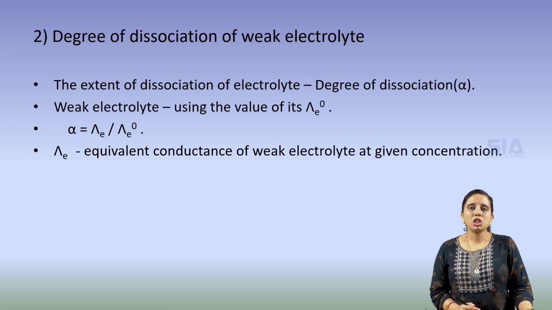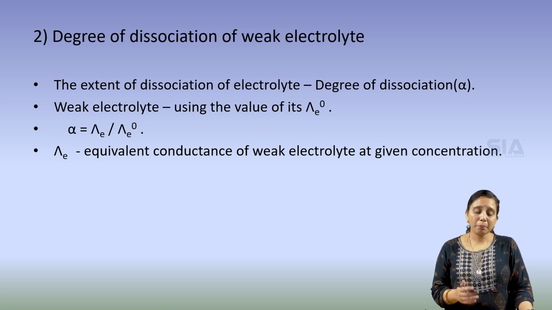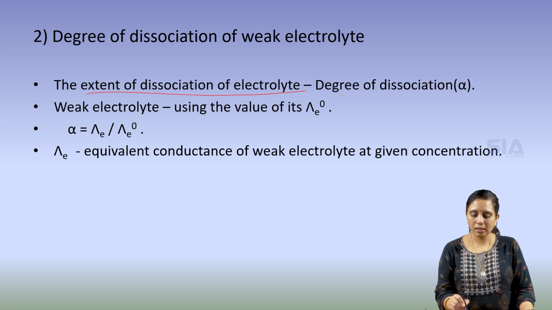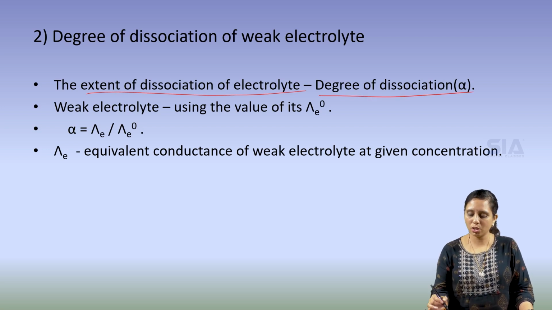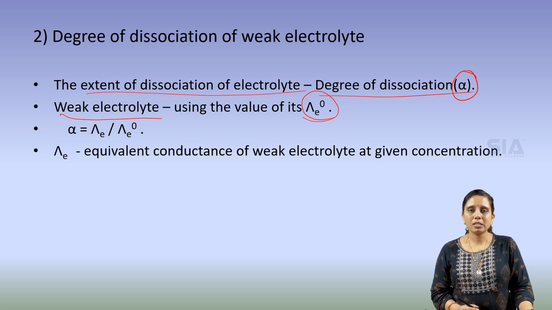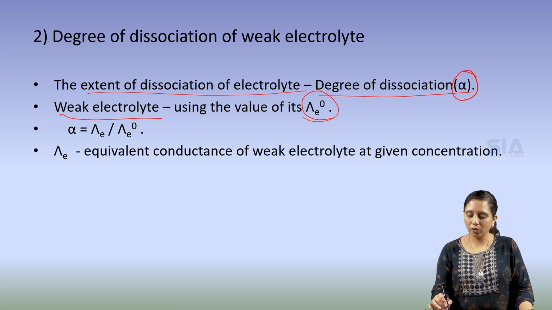The next application is the degree of dissociation of a weak electrolyte. That means understanding what percentage of the weak electrolyte has broken down. The extent of dissociation of an electrolyte is called the degree of dissociation, denoted by alpha. For a weak electrolyte, by using its lambda E naught value, the equivalent conductance at infinite dilution, we can know the value of alpha.